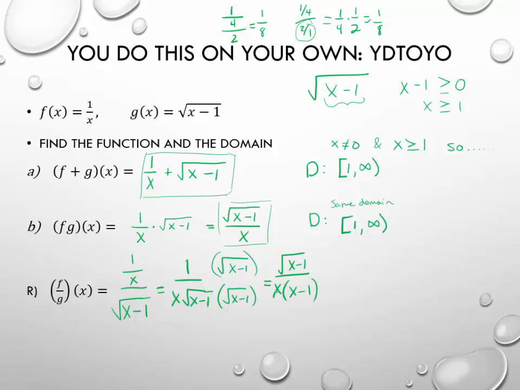And we can now finish by saying this is the square root of x minus 1 over x squared minus x. Okay? And this would be the simplified form of that.